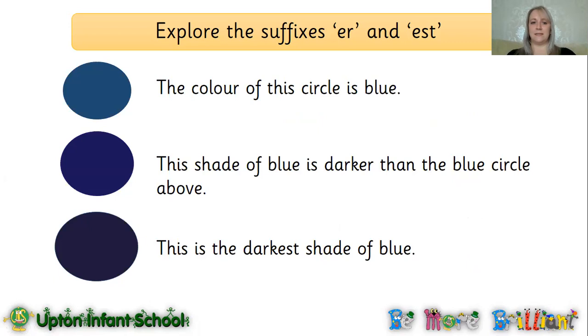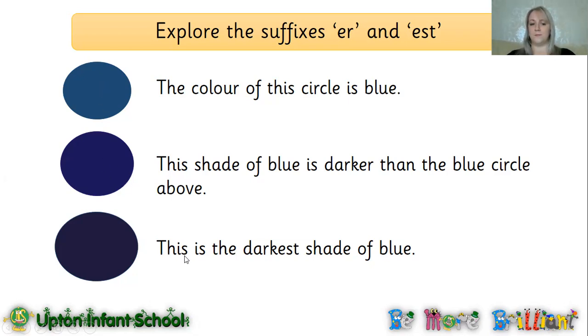I could write these into sentences, and that's what I've done here. So I've gone here, the colour of this circle is blue. I could say it is dark blue. This shade of blue is darker than the blue circle above. So now we've got an understanding that this colour is darker than this colour. Even if I couldn't see, I would have an idea that the top circle was not as dark as the second circle.